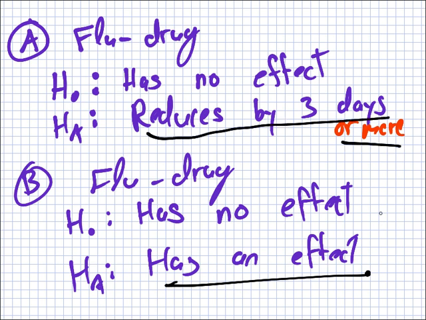So did you hear the difference? Here, has an effect means it could make you sicker or better. 2 tails. Here, it has no effect or it makes you better. 1 tail. This is the difference between 1 and 2 tails. So this is an example of 1 tail, and this is an example of 2 tails.